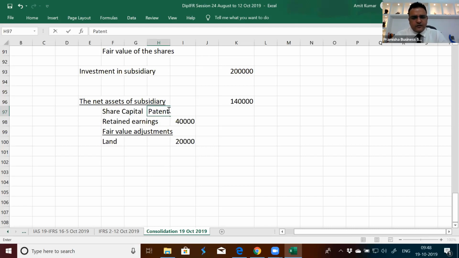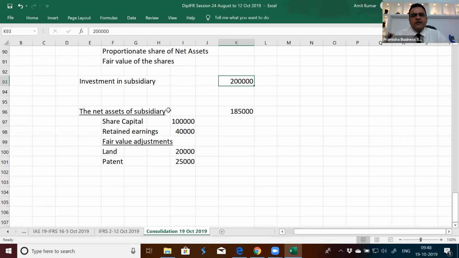Patent got a value for the first time. A patent worth 25,000 was discovered. Even after fair value adjustments, the total value turns out to be 185,000.